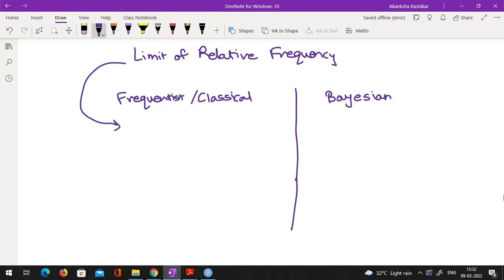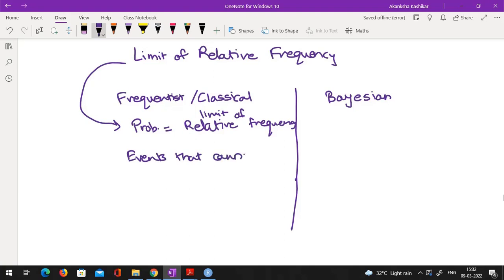So this first consideration is the definition of probability as the limit of relative frequency, which causes issues when events cannot be repeated. How do you define probability for them?